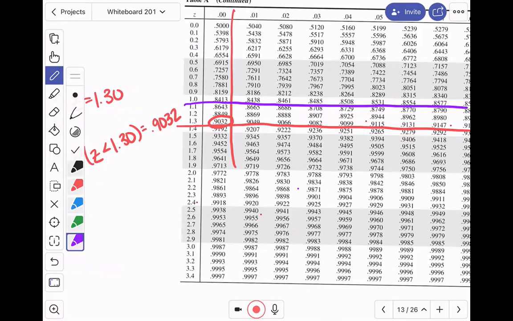The value for +1 is what? The answer that we just got by hand. So if I want to find the right-hand side of a curve, I can always do that by flipping the sign of the z-score that they give me. So they give me a -1, I need to go look at a +1.